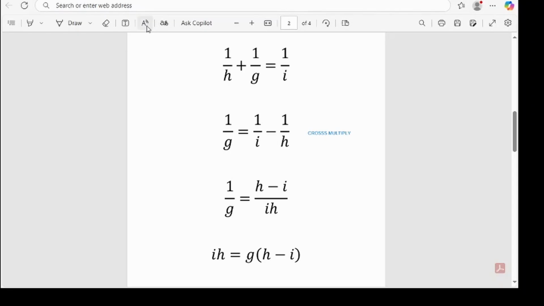So we are going to get h multiplying by 1. Then you pick I, you multiply it by the 1 opposite it on top, that's the numerator, so 1 times I, okay?